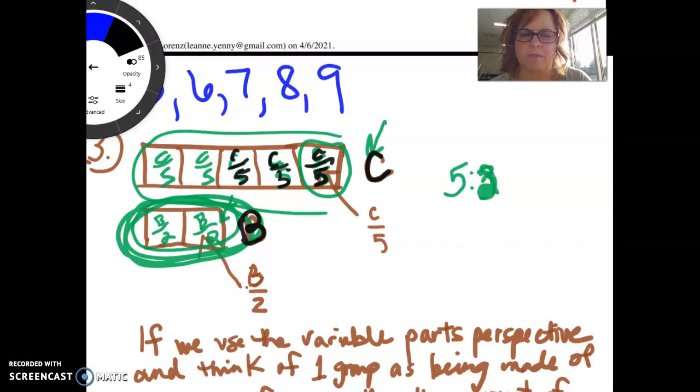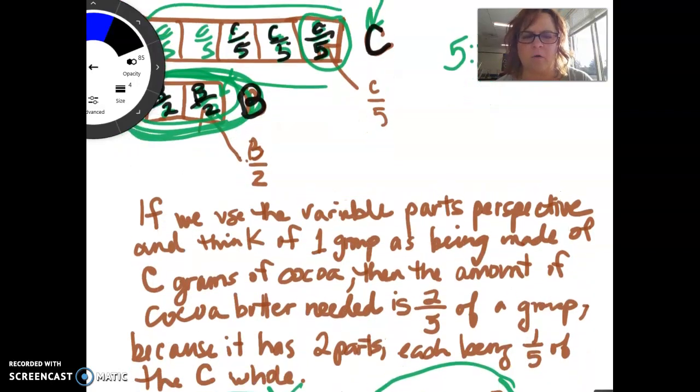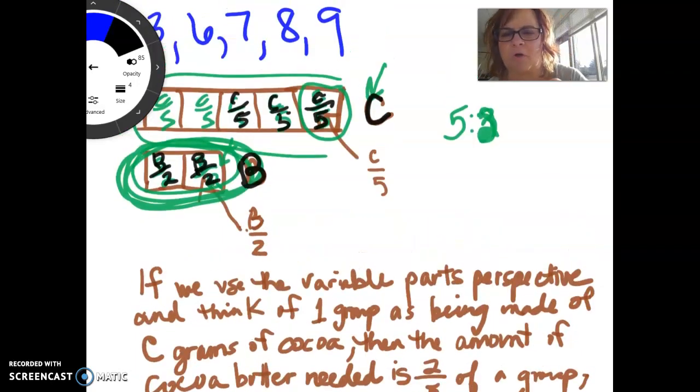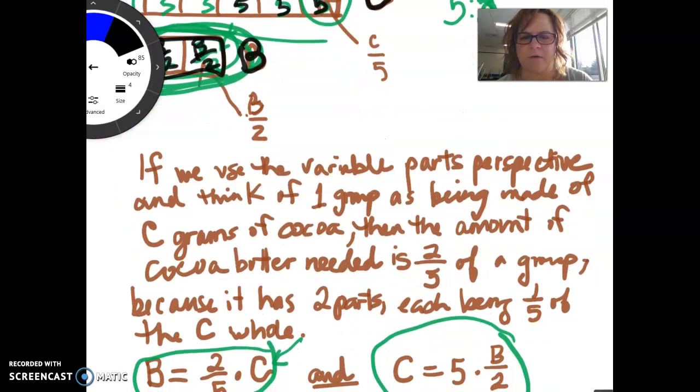Since we don't know the actual value of the butter, we know that the whole thing then is half of the B. All right, so if we use the variable parts perspective and we think of one group here as being made of the C grams of cocoa, then the amount of cocoa butter needed is 2/5 of a group, because it has two parts, each being 1/5 of the whole.